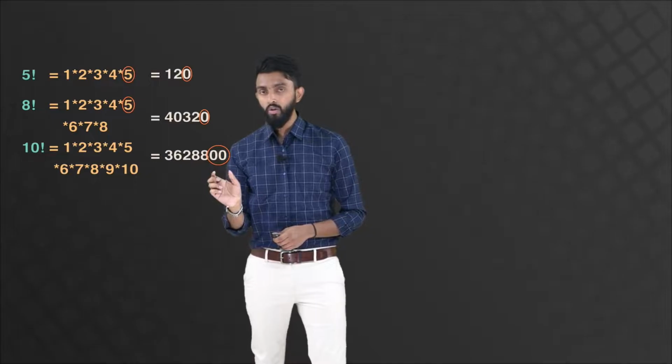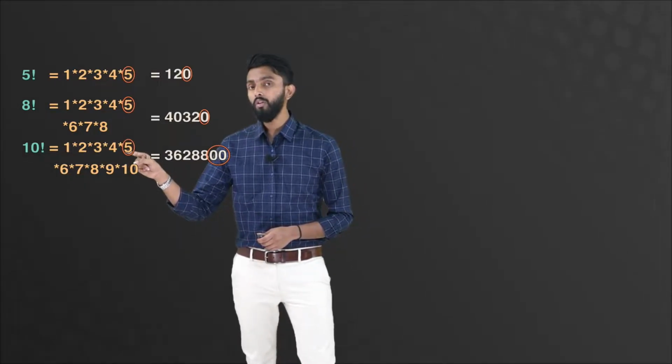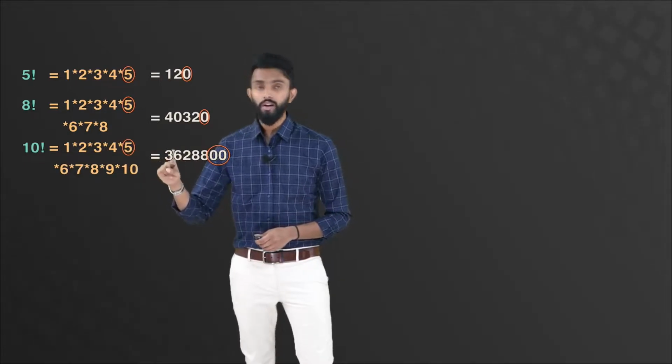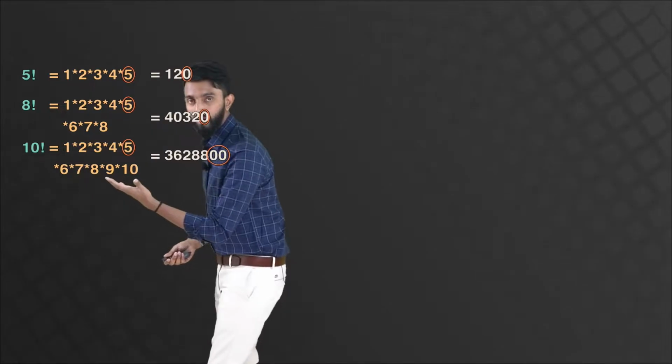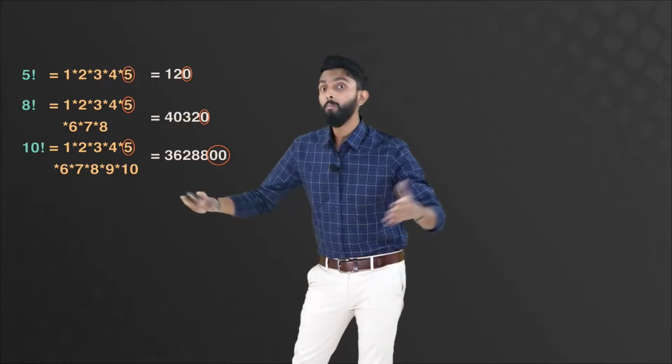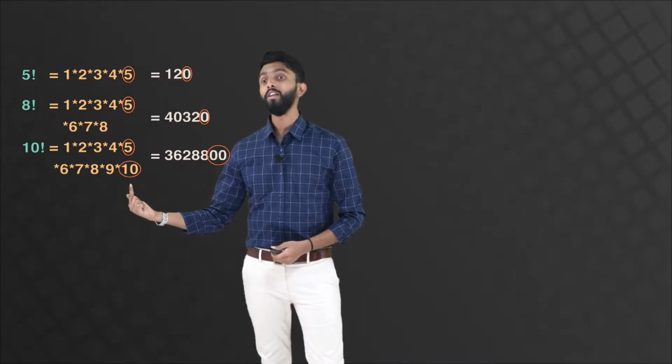How many trailing zeros? 2. How many 5s? Now you might say only 1 five, Rohit. Correct. Then the logic failed. That's where you are wrong. There is another number here which can be expressed with a factor of 5, which is a multiple of 5. Which is that, can you tell me? Yes, you are right. That is nothing but 10.